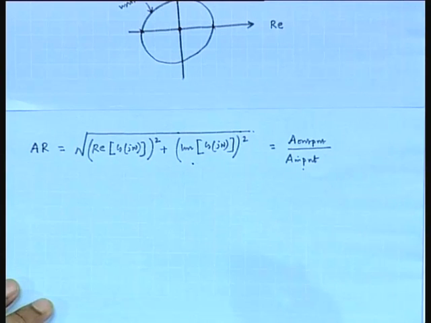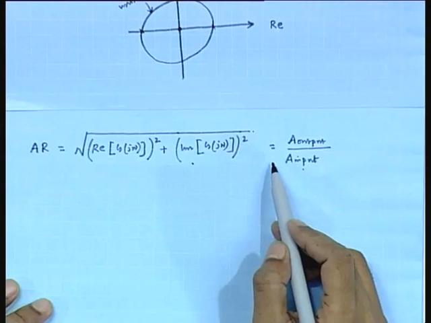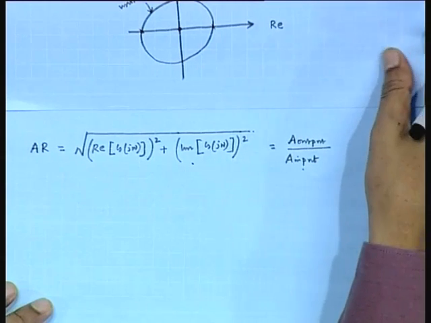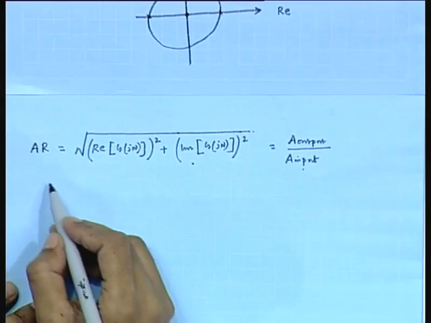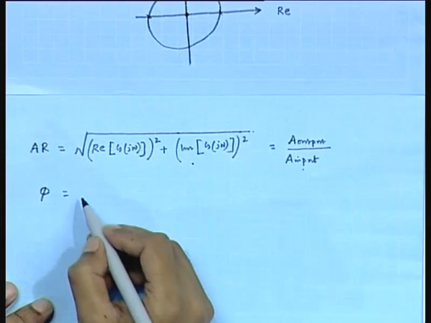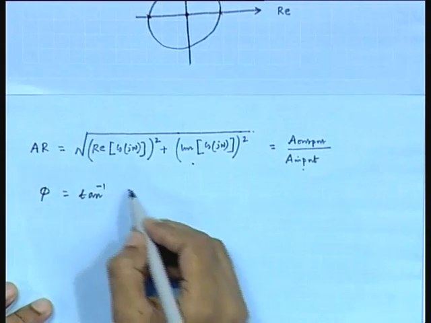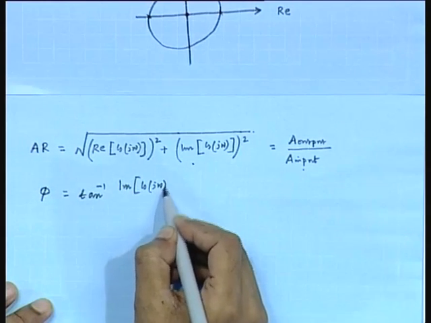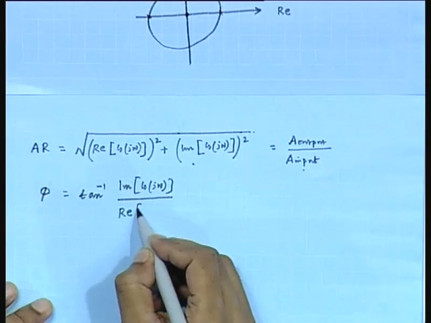Agree? So, we can say that here amplitude ratio is becoming output amplitude. Now, what will be phase shift? Phi we can write as tan inverse imaginary part divided by the real part.